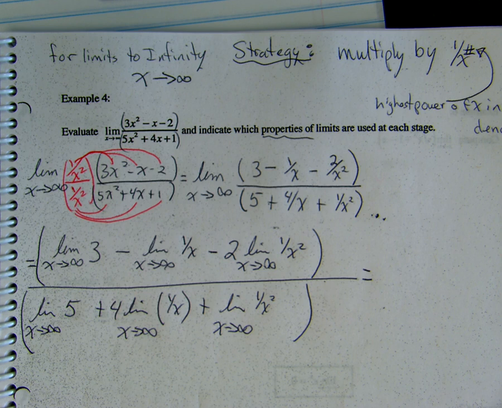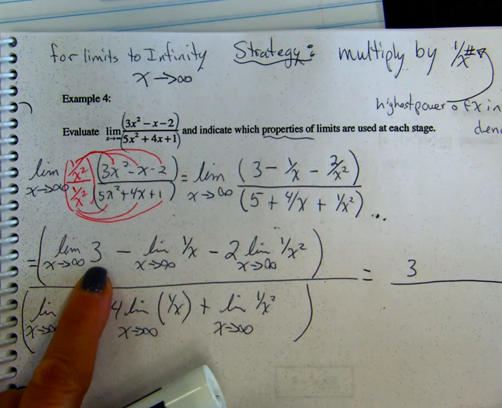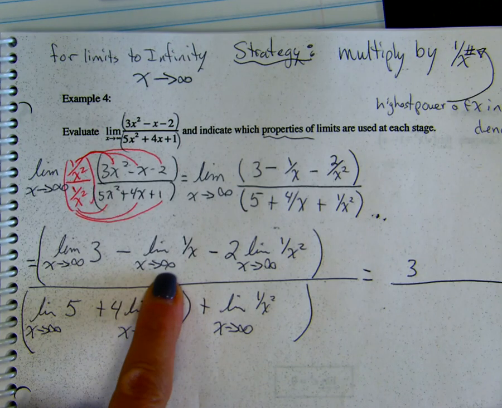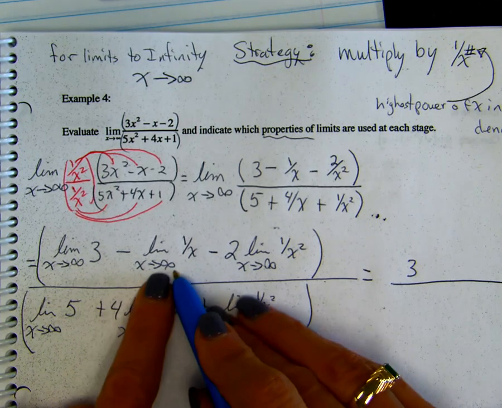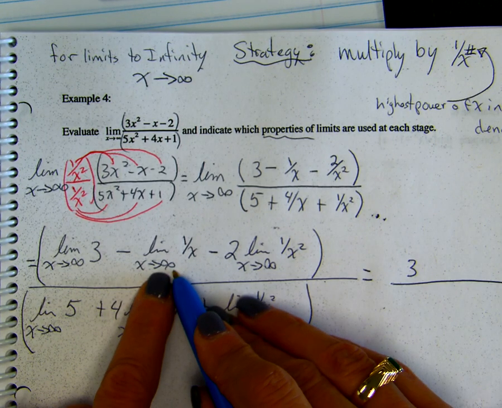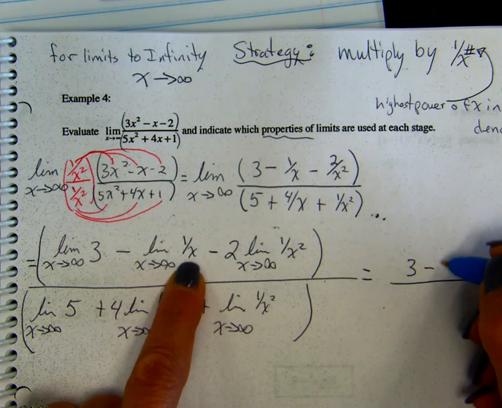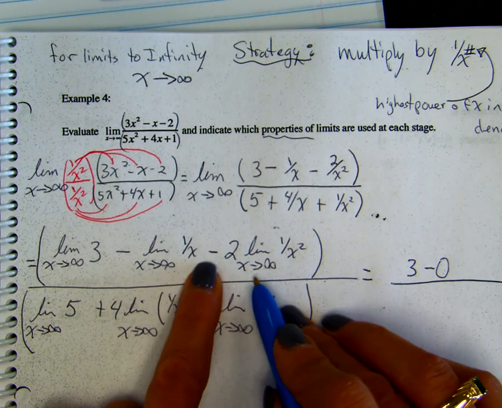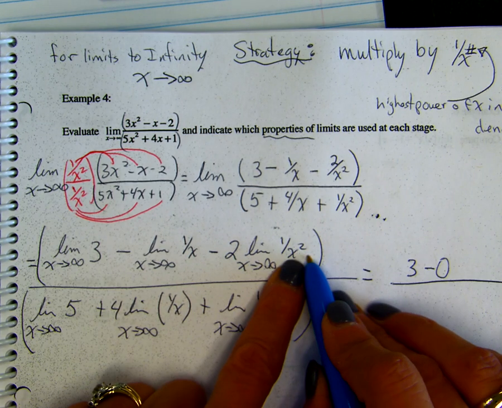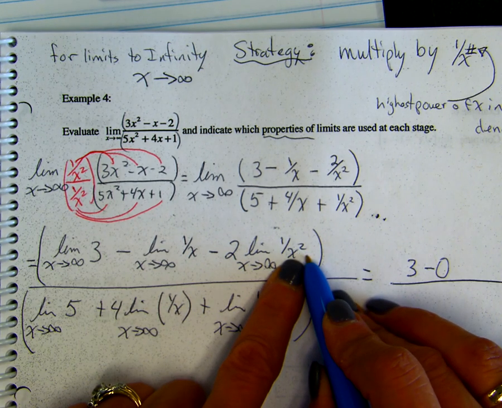What happens to y as x approaches infinity for this function y equals 3? As x gets infinitely large, y doesn't change. The answer to that question is 3. You know the answer to this. What happens as x approaches infinity for the function 1 over x? 0.